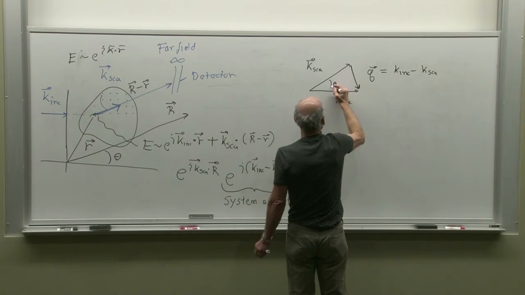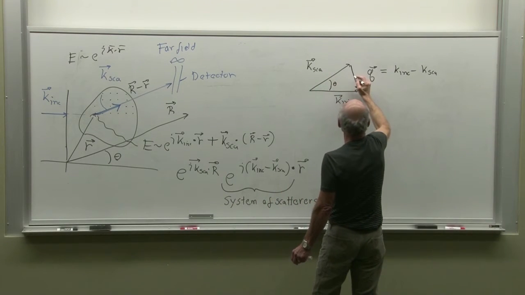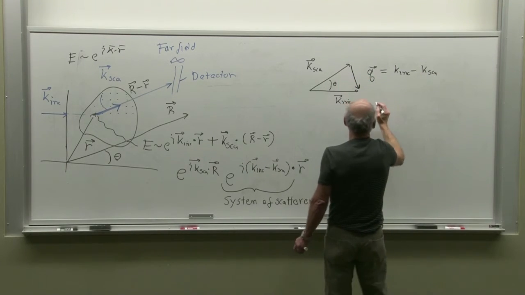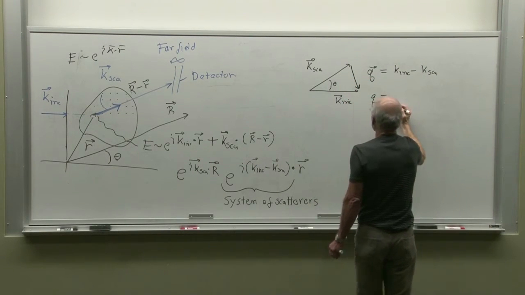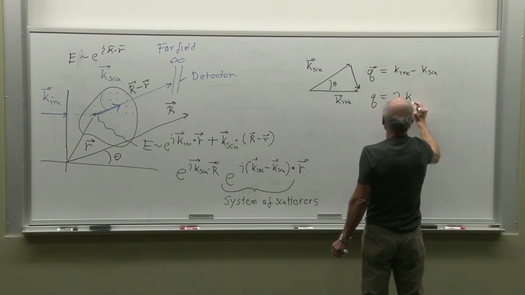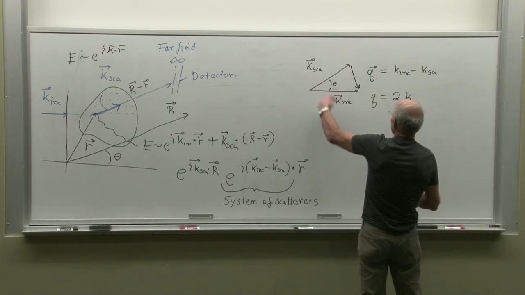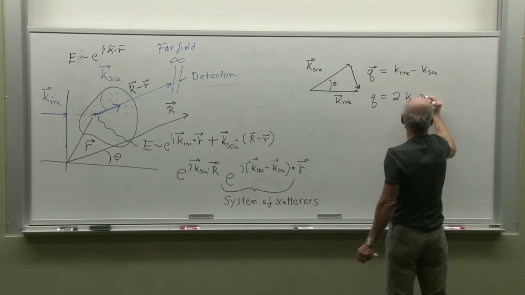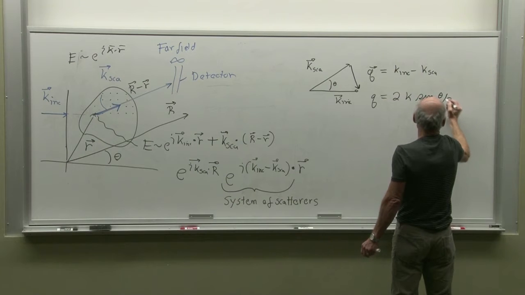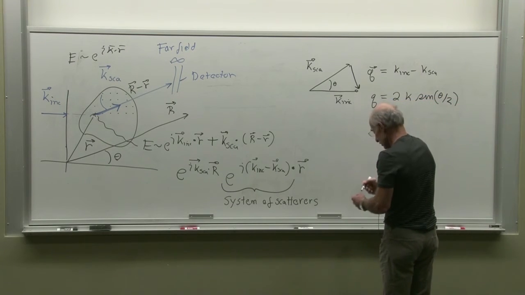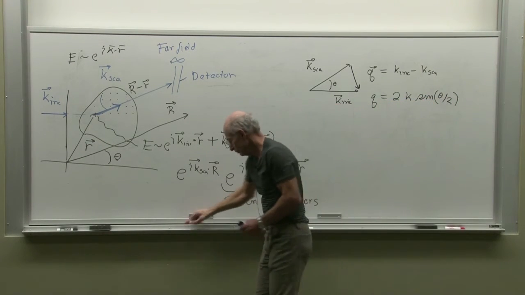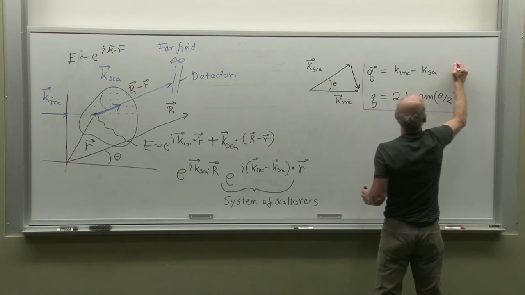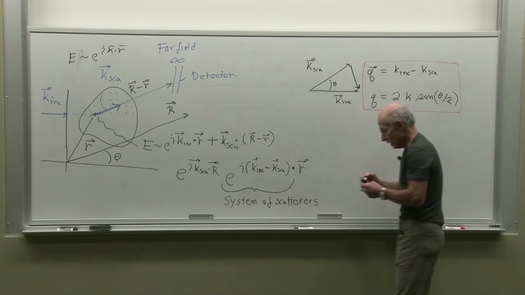If you dropped a perpendicular, you could see a sine relationship to half the angle. So it's pretty easy to show that, since these have the same magnitude, I'm going to represent them as k, Q is 2k times sine of half the angle. So this is the all-important scattering wave vector.